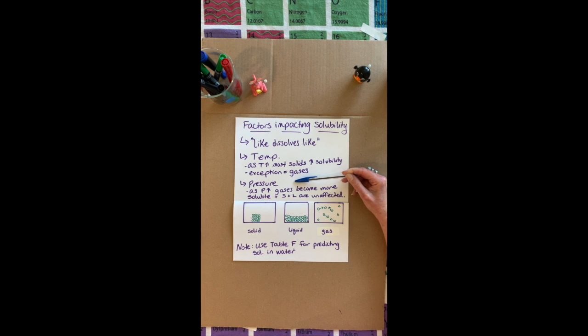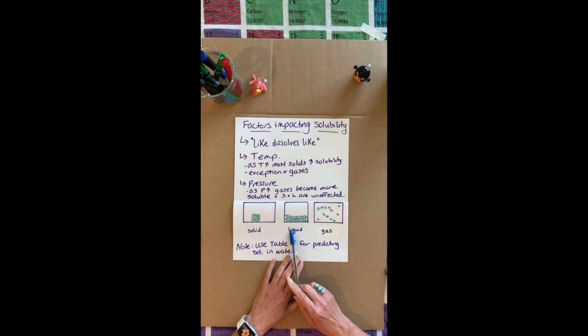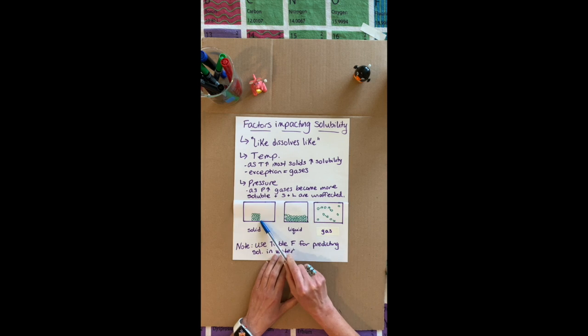The third factor impacting solubility is pressure. As we increase the pressure of a system, gases will become more soluble, but solids and liquids remain unaffected. And again, we look at these particle diagrams here. If you recall, solids and liquids are considered condensed states of matter.